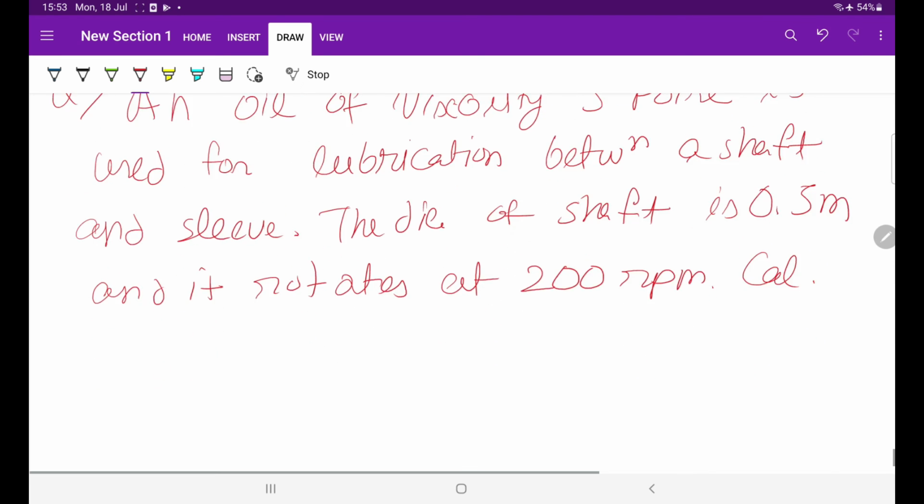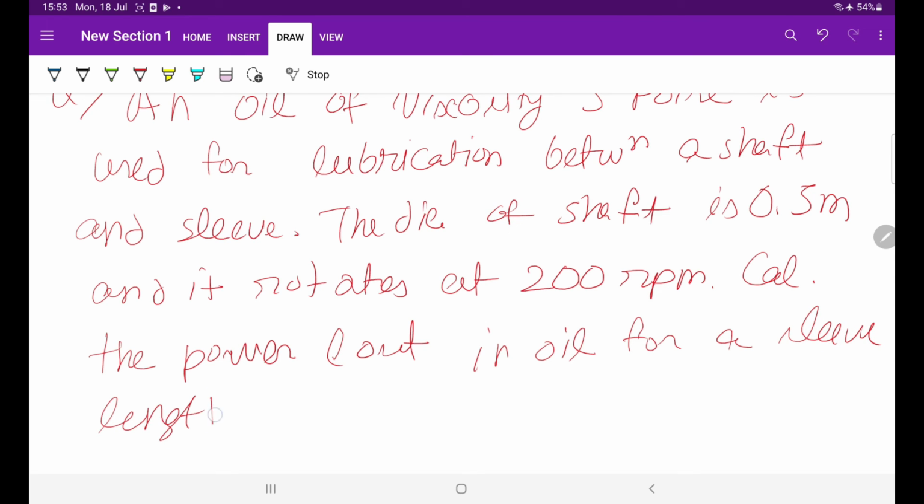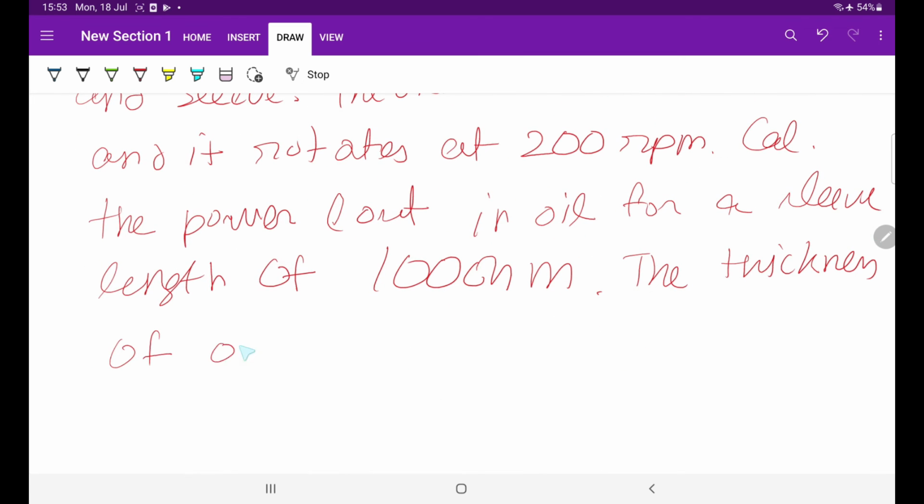Calculate the power lost. Power lost, we had done the numerical in the earlier session, in oil for a sleeve length of 100 mm. The thickness of oil film is 1 mm.